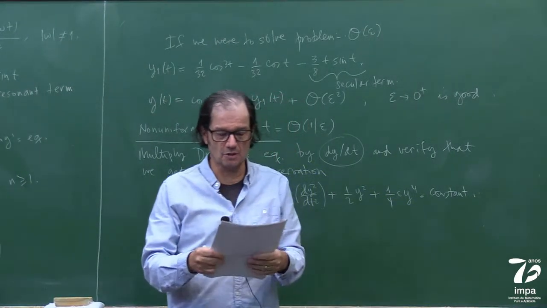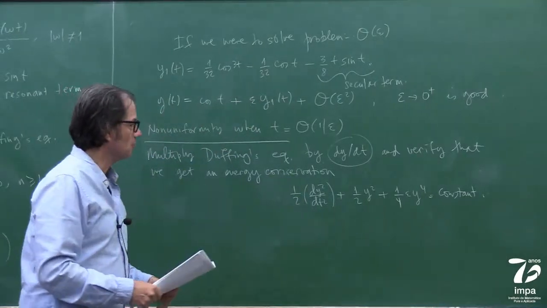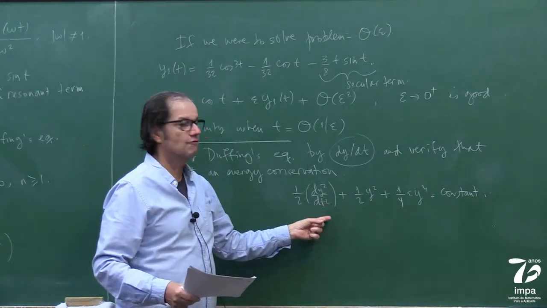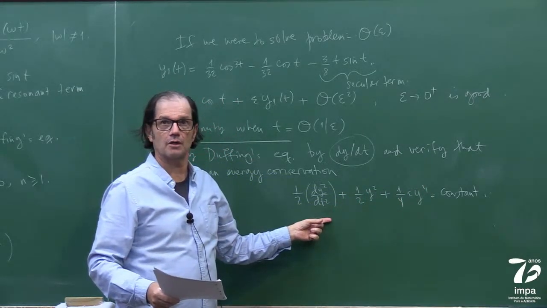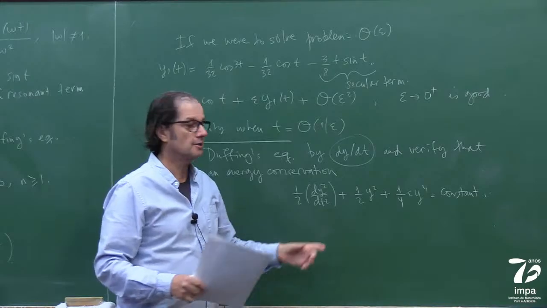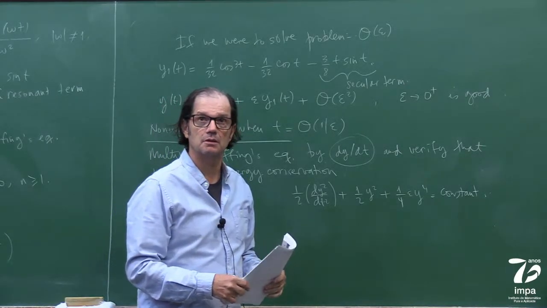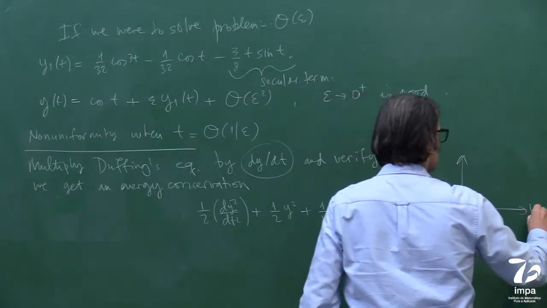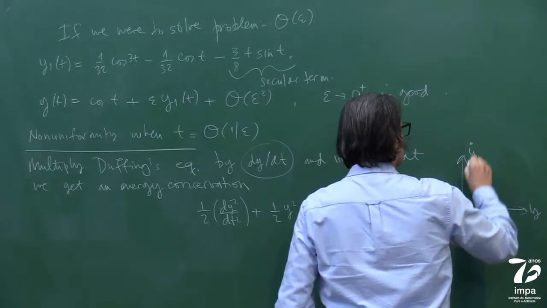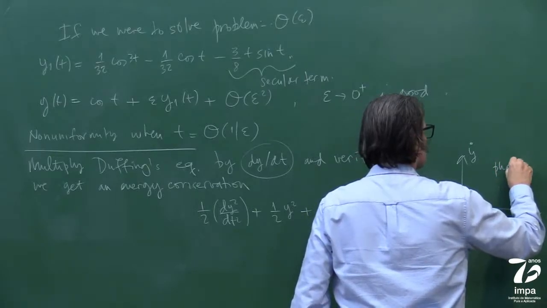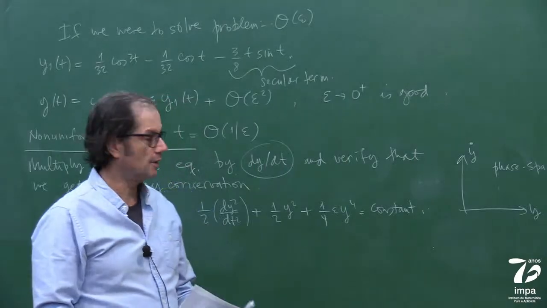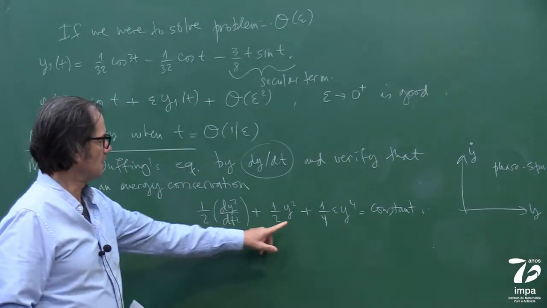So this tells us, for example, if epsilon is equal to 0, and if you look in phase space, have you seen this for ODEs? You know what phase space is? Just for those who don't remember, phase space would be y, dy dt, or the phase portrait. So it would be this guy and this guy.